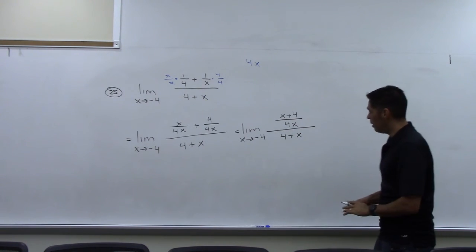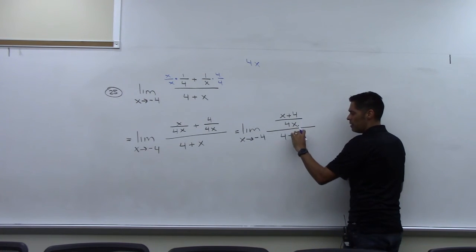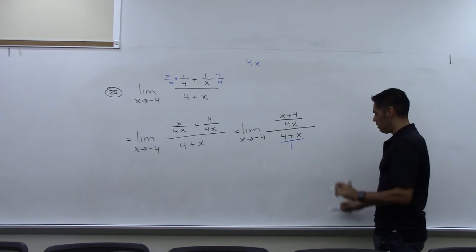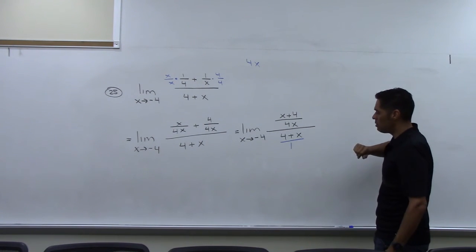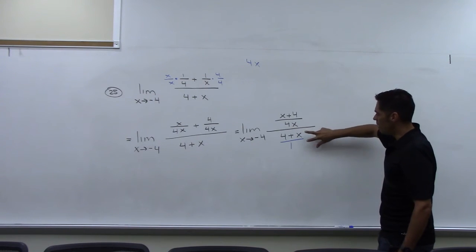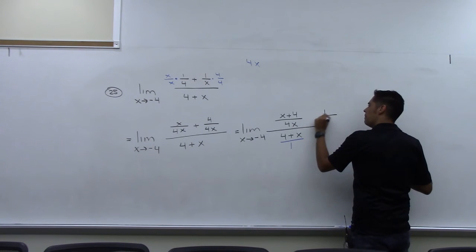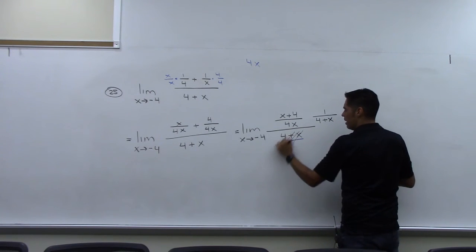Now you still have a complex fraction, but this one's doable. This one's workable. Notice you have a fraction over this. This is the same as over 1. So you have a fraction over a fraction. Remember, if you take a fraction and divide by a fraction, it's the same as multiplying by the reciprocal. So if I take this and I reciprocate it, flip it, put the 1 up on top and the 4 plus x on the bottom, like this, then I can get rid of it down here.